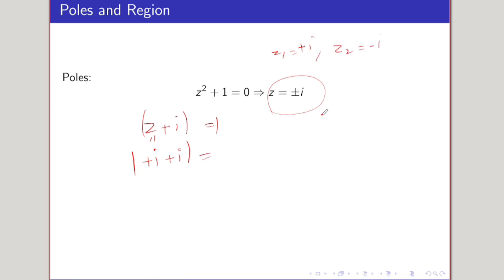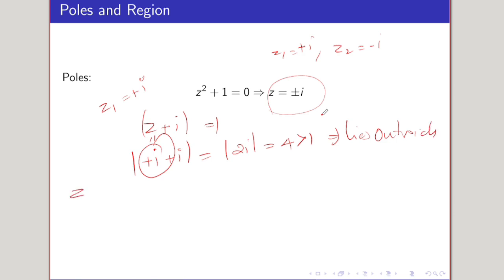So here what will be the value? 2i. So if I take the square, it will be 4. 4 is greater than 1, so definitely z1 equal to plus i can't lie inside. That means it lies outside. If I go for z2 minus i, what will be there?